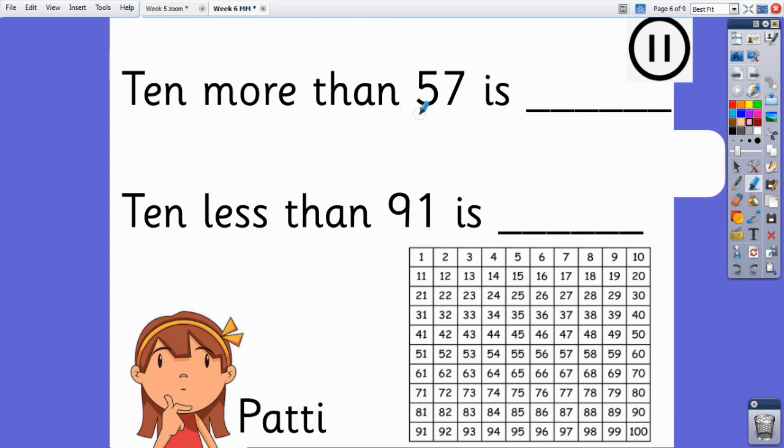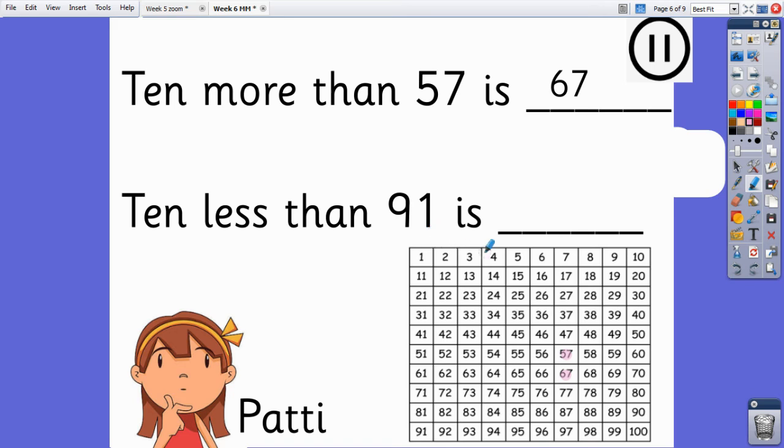10 more than 57. Remember, our first job is to locate 57 on our 100 square. Now I know that I'm looking for 10 more, so I can just jump down my 100 square vertically and I land on 67. 10 more than 57 is 67. Our next sentence had the number 91.